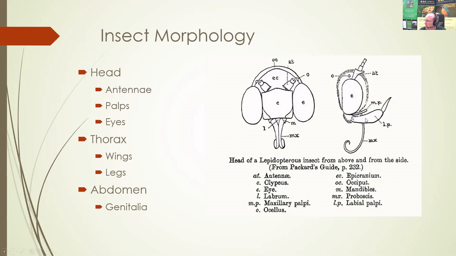These are part of the mouth parts. There are two palps. The maxillary palps are tiny and not really very important, but the labial palps are quite a key character, and we'll be talking about those for several of the families when we go through them.